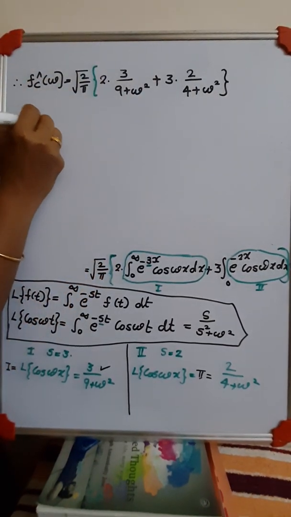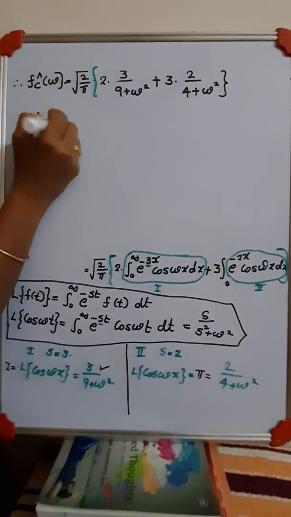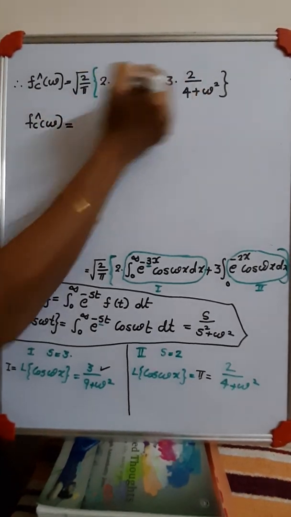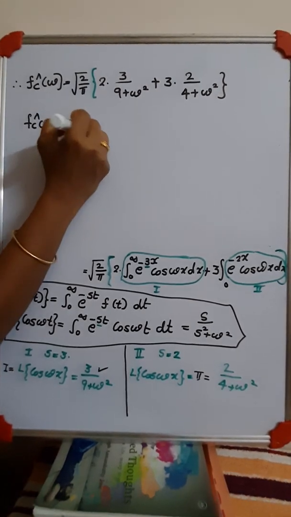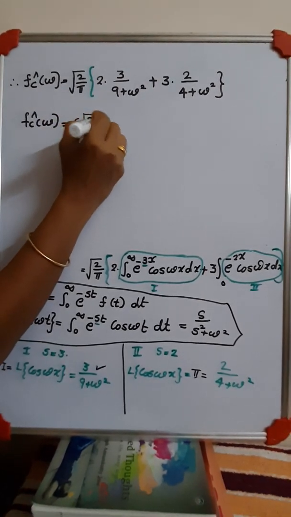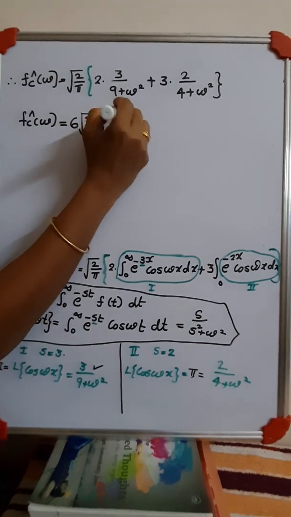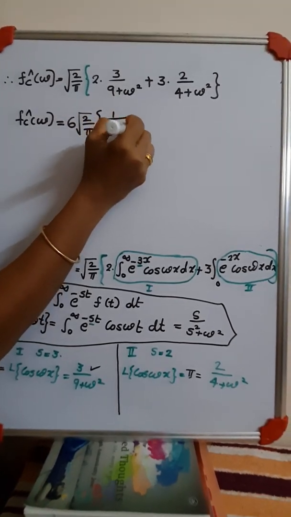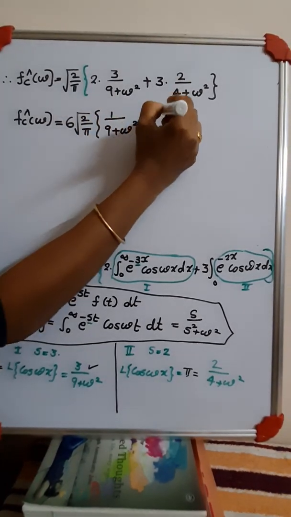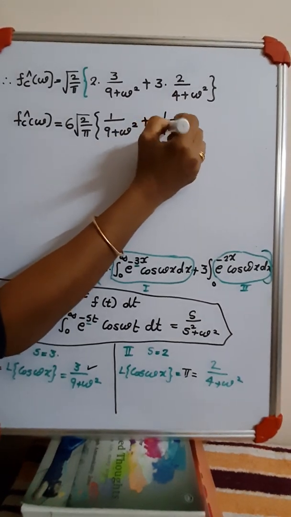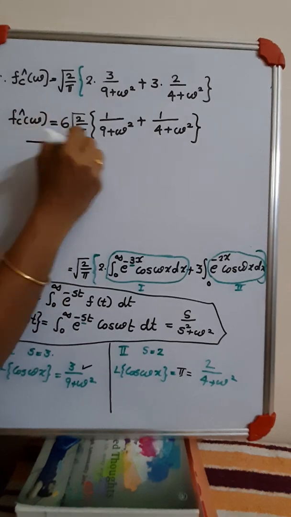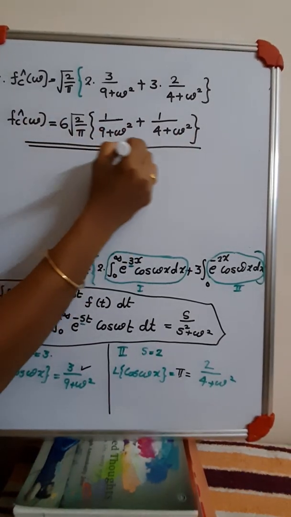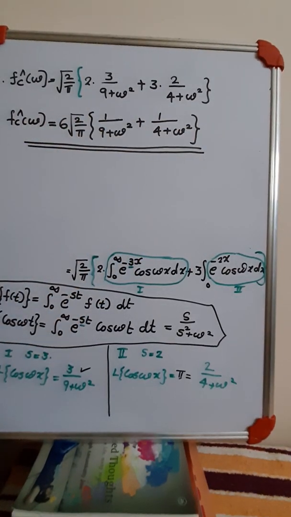That is, Fc cap of omega is equal to 3 into 2, that is 6, which is a common term in the numerator for both terms. So 6 into root of 2 by pi into 1 divided by 9 plus omega square plus 1 divided by 4 plus omega square. This is the Fourier cosine transform of the given function.